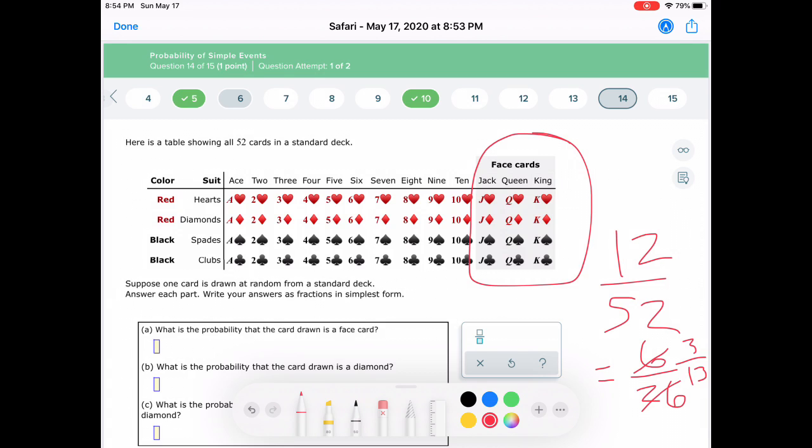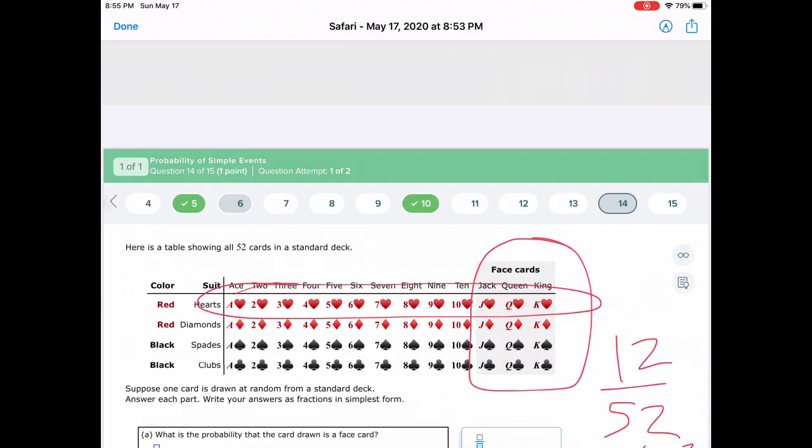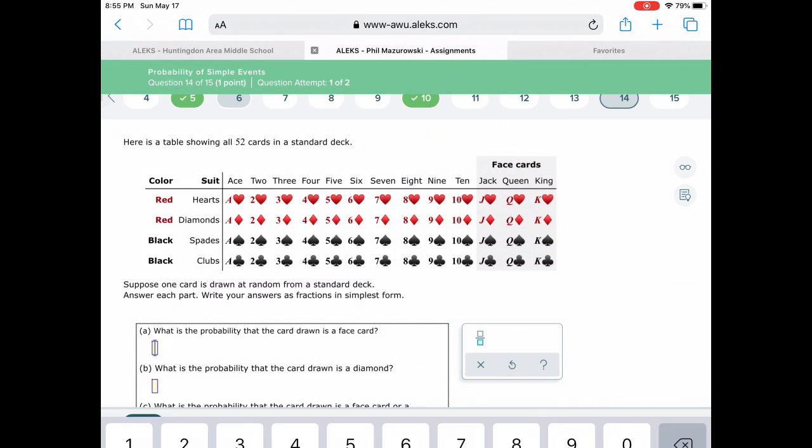And if you might be thinking, well, Mr. Maz, that makes a lot of sense because every suit has 13 total cards, and out of those 13 cards, 3 of them are face cards, then you would be right. That's another way to think about it. So A is going to be 3 out of 13, and we'll go ahead and put that in.